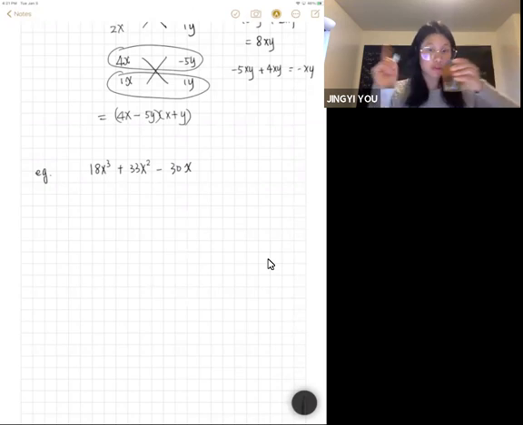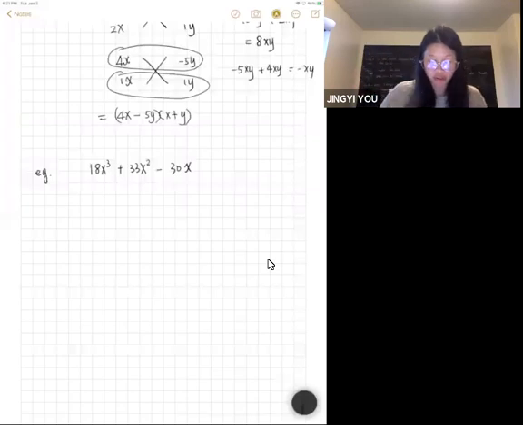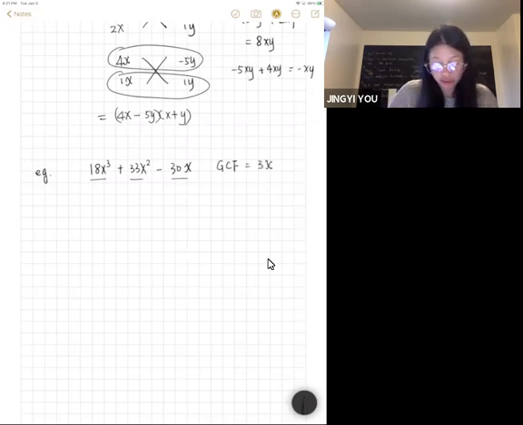So what you would do is find out the greatest common factor and try to factor it out. 18x cubed, 13x squared, and 30x. What's the greatest common factor? It's x. So that means I want to factor this out first. So I have x, and then what remains? 18x squared plus 13x minus 30.